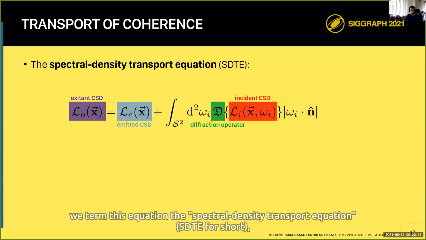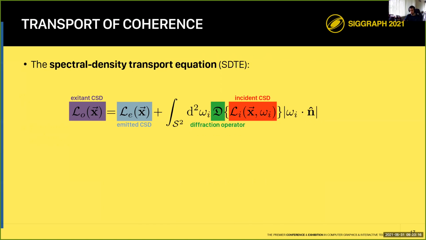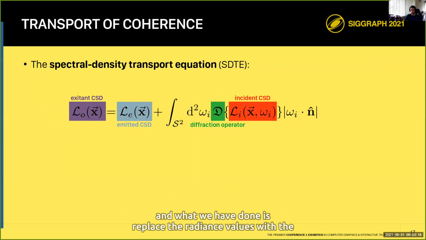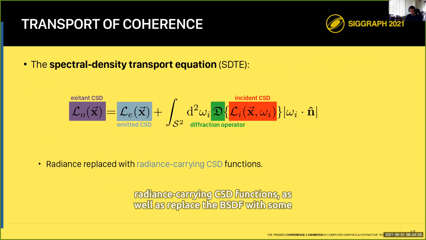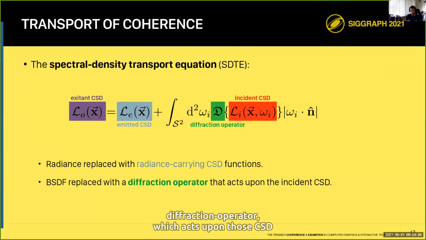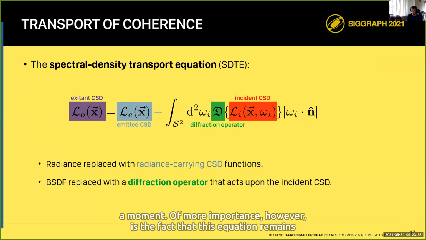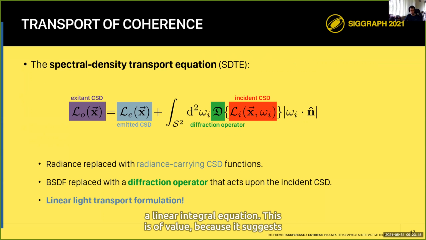We term this equation the spectral density transport equation, SDTE for short, and what we have done is replace the radiance values with radiance-carrying CSD functions, as well as replace the BSDF with some diffraction operator, which acts upon those CSD functions. I will very briefly talk about the diffraction operator in a moment. Of more importance, however, is the fact that this equation remains a linear integral equation.